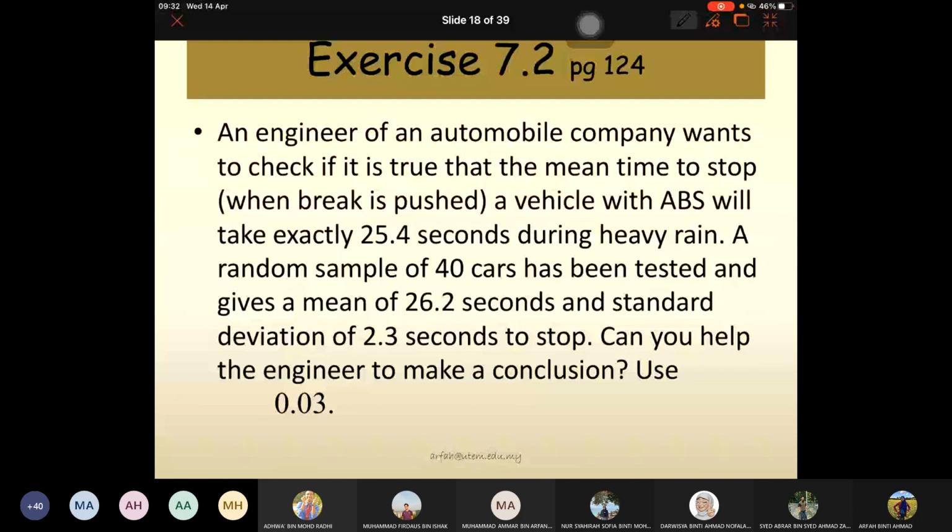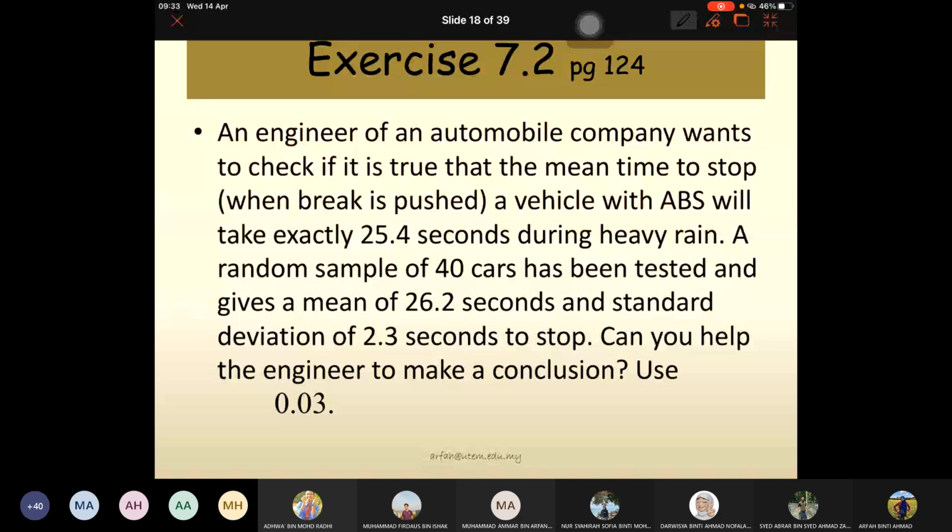An engineer of an automobile company wants to check if it is true that the mean time to stop when brake is pushed, a vehicle with ABS will take exactly 25.4 seconds during heavy rain. Okay. A random sample of 40 cars has been tested and give a mean of 26.2 seconds and a standard deviation of 2.3 seconds to stop. Can you help the engineer to make a conclusion?